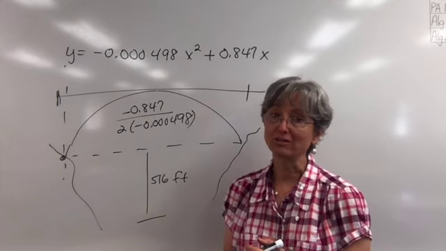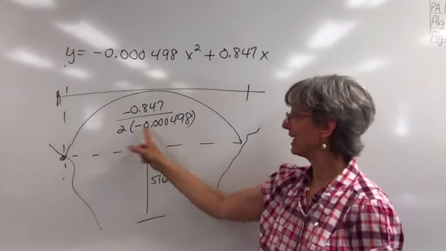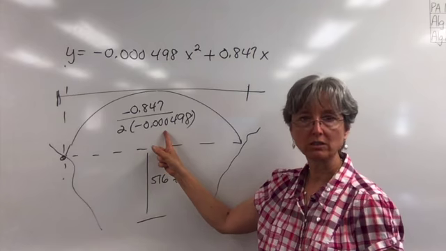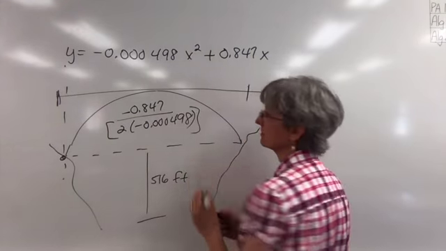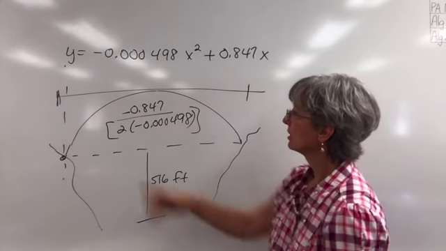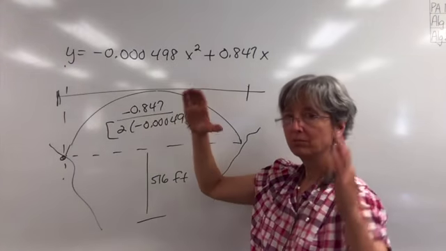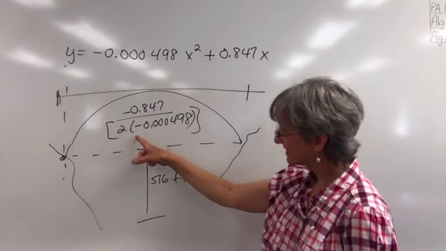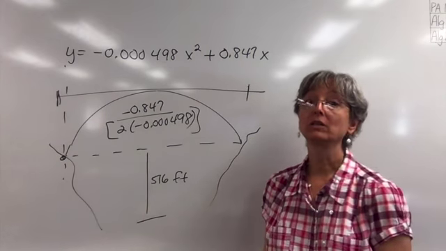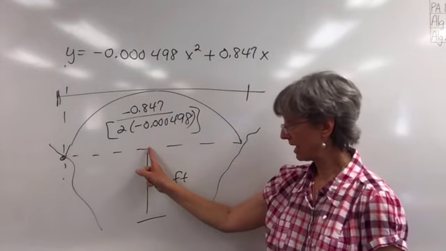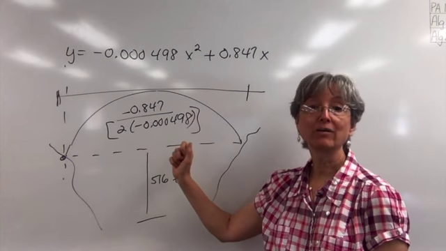It's kind of smart. It'll go this divided by this, and then multiply that answer by this, and that's not what you want. So you would put all of this in brackets. So go negative 0.847 divided by, and then parentheses, 2 times negative 0.000498. All right, and that will give you your x of your vertex, your axis of symmetry.